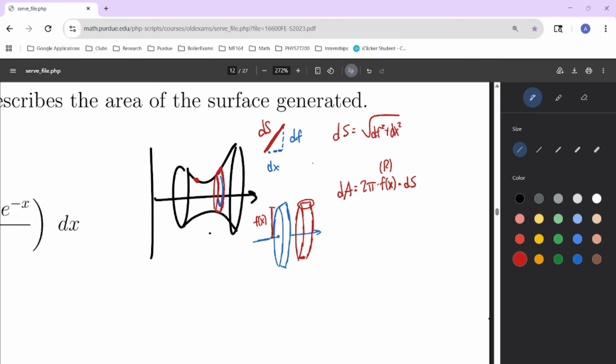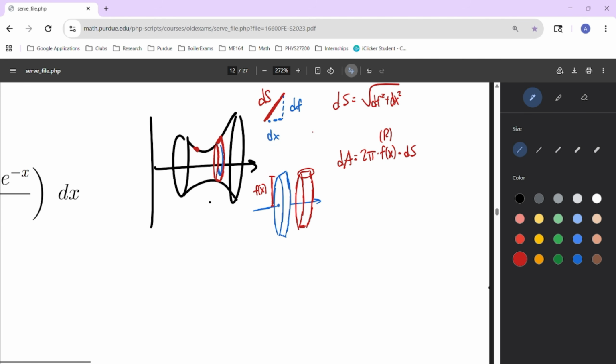You can consider it as your circumference is the base curve, and then you're applying thickness to that base curve, right? So ds in this case would become the square root of df squared plus dx squared. But as you know, with arc length, you can reduce that down to become dA is equal to 2 pi f of x times the square root of f prime of x squared plus 1, with a dx out in front.